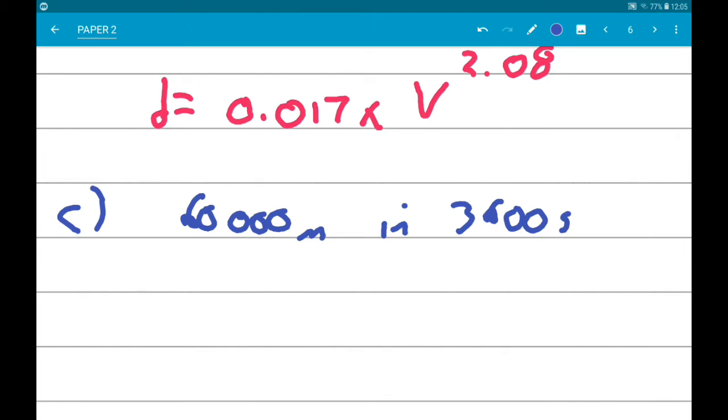Now that is to one decimal place 16.7 meters in 1 second.